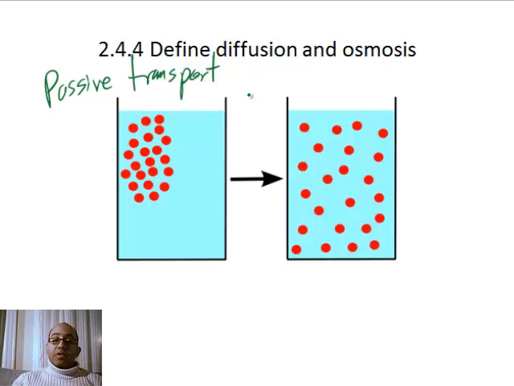So this is called diffusion. So diffusion is the general movement of particles from high to low concentration. When you're referring to water, the movement of water from high concentration to low concentration, that's called osmosis.